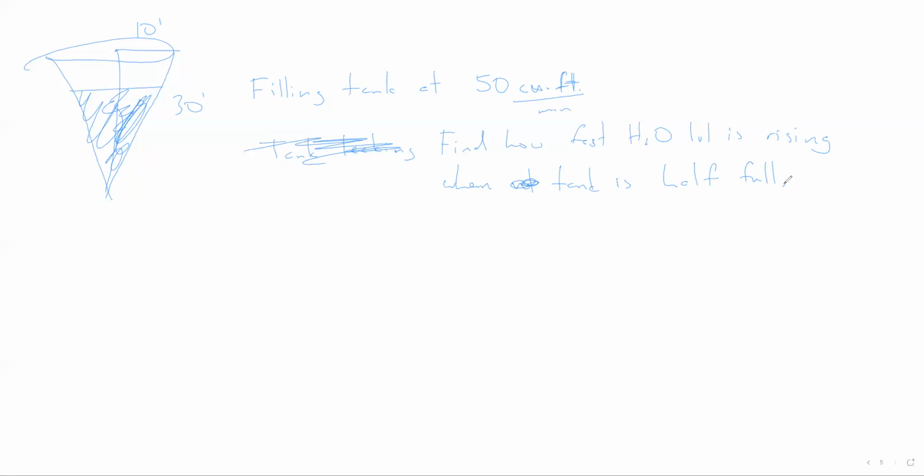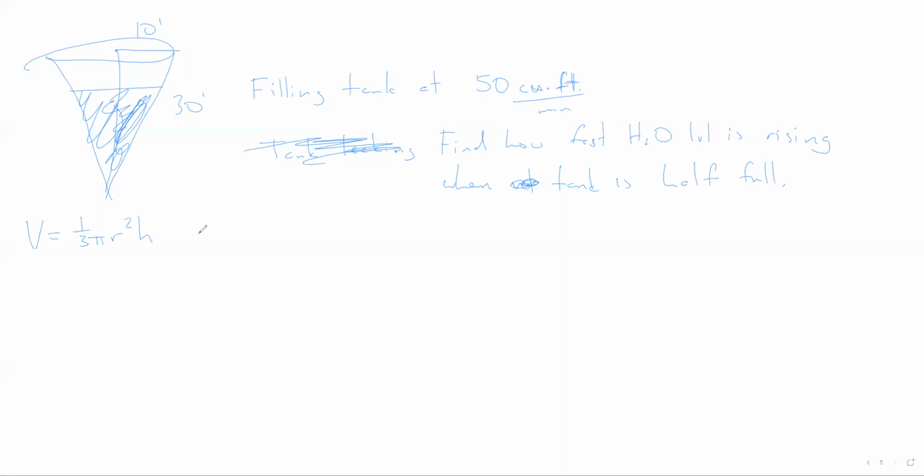Yep, what's the volume of a cone? One third pi r squared times height. Good. We should probably figure out what I'm asking for. I want to find out how fast the water level is rising when the tank is half full.